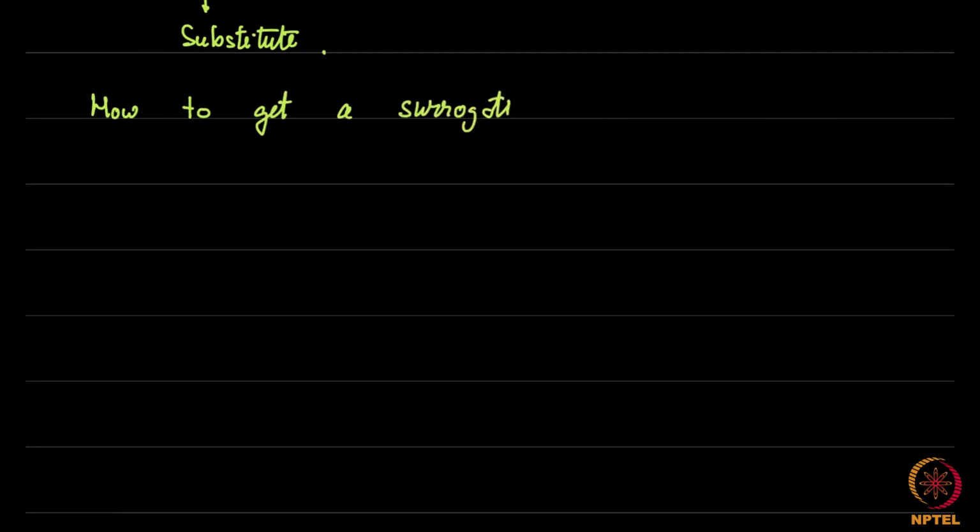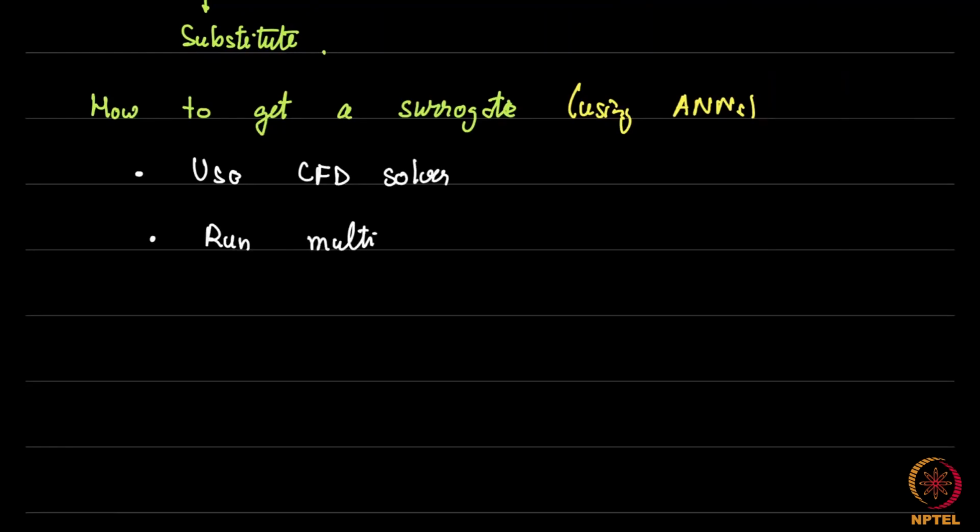And this is where all that we did in the last few weeks comes to use. So how to get a surrogate using ANNs. Let us say we have used a CFD solver and run multiple simulations with various KXX, KYY, and KZZ.